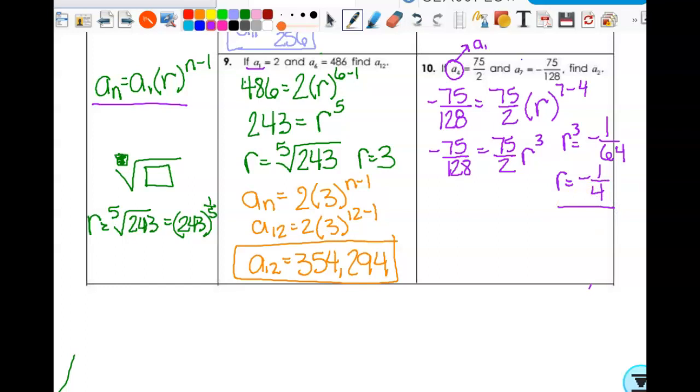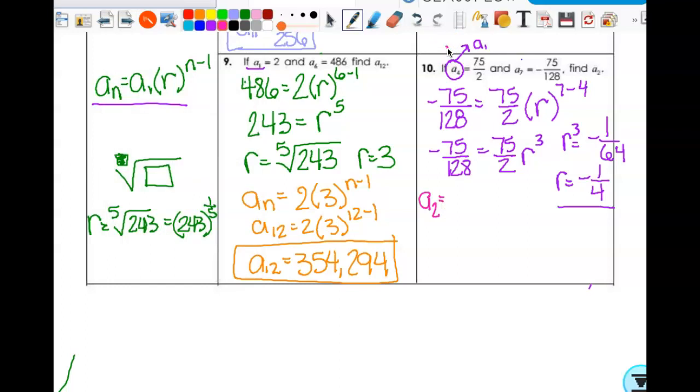We good with that? Now we want to find the second term. So a sub 2 is equal to the first term. Well, could we use that r now and actually go find the first term? We could. But we're not going to, because we can still use our pretend first term. That worked just fine, right?